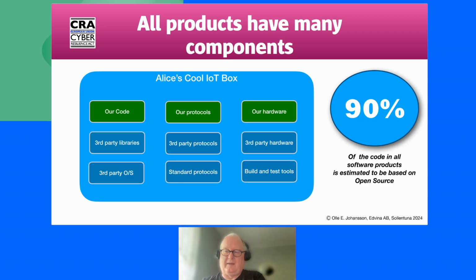And this means that we will have a whole new relationship between manufacturers and open source projects. The first legislative proposal was really bad for open source, because they tried to make open source projects liable according to law. That would have been very damaging to open source.